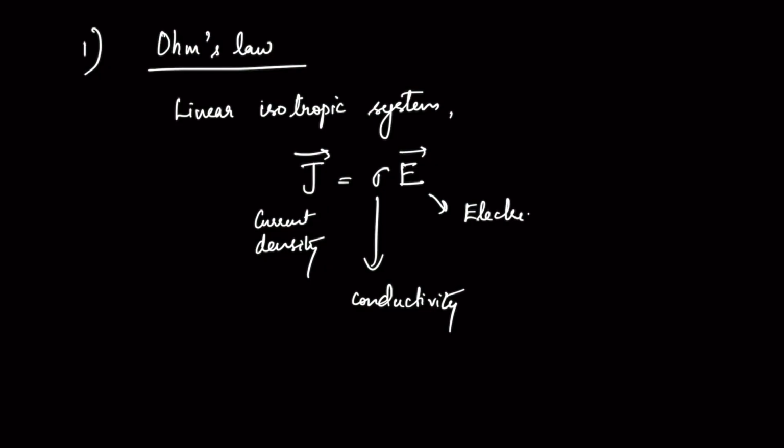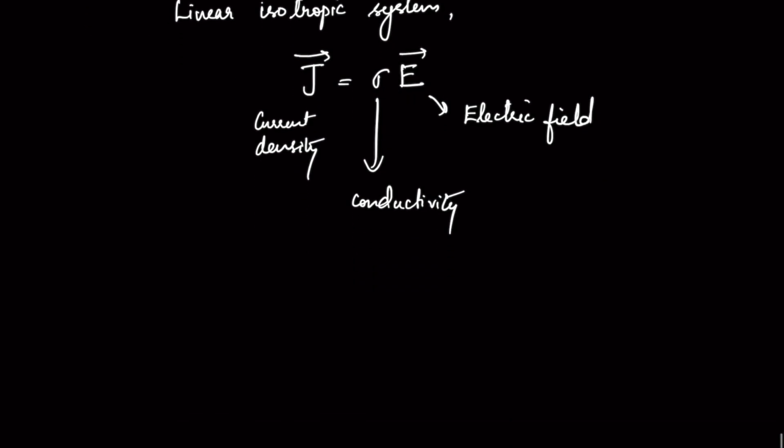In a linear isotropic system, you have J equal to sigma E, and sigma is just a number.